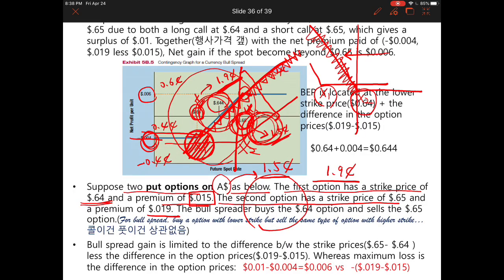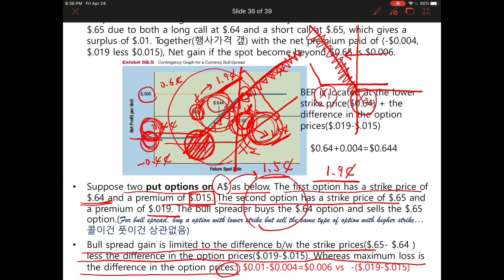So, bull spread gain is limited to the difference between the strike prices minus the difference in option price, whereas maximum loss is the difference in option price. Gain is limited, maximum loss is the difference in option price. This is 0.4 cents, right?